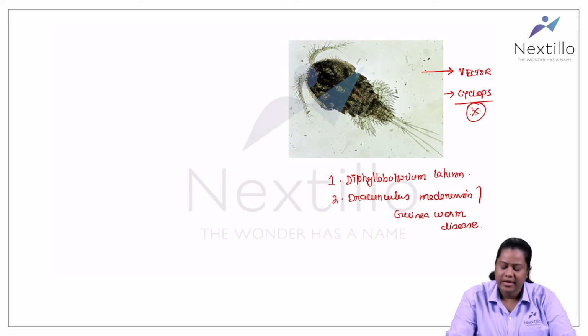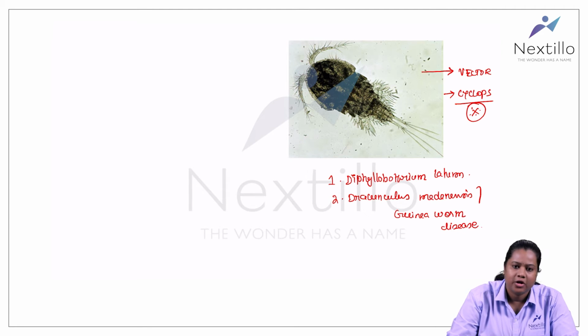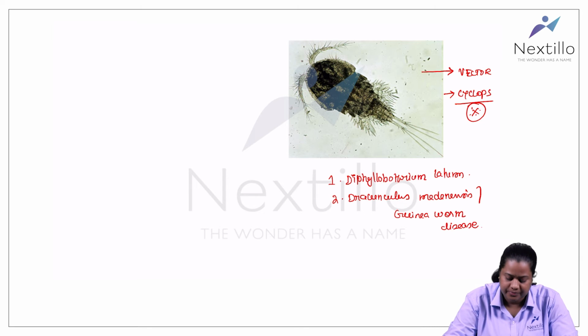For Diphyllobothrium latum, man is the definitive host, Cyclops is the first intermediate host, and fish is the second intermediate host. Whereas for Dracunculus medinensis, man is the definitive host and Cyclops is the only intermediate host. So please remember this, and now I'll show you the next picture.